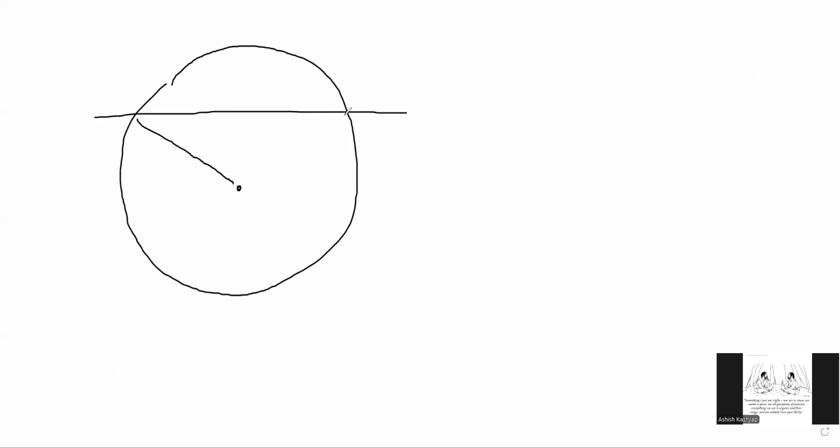Let's say this angle is theta. This is 2, this is 2. And this is area A1 and the remaining area is A2, right? So the ratio A1 by A2 is equal to pi minus 2 by 3 pi plus 2.